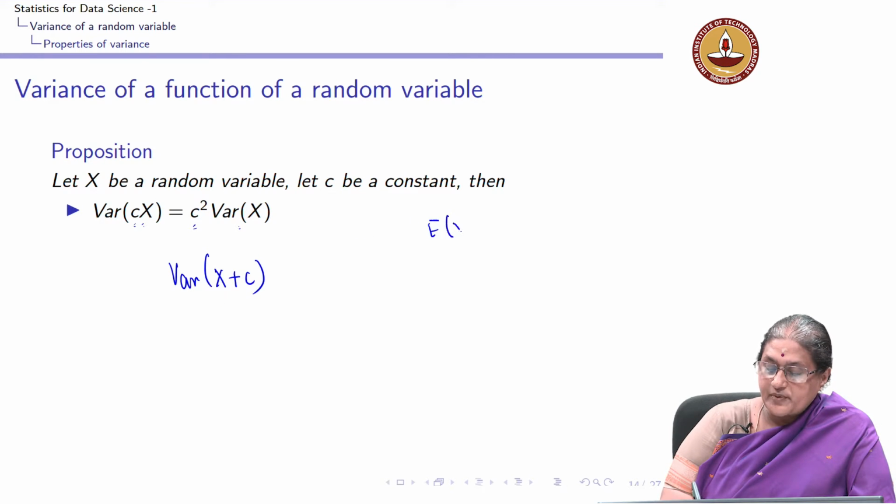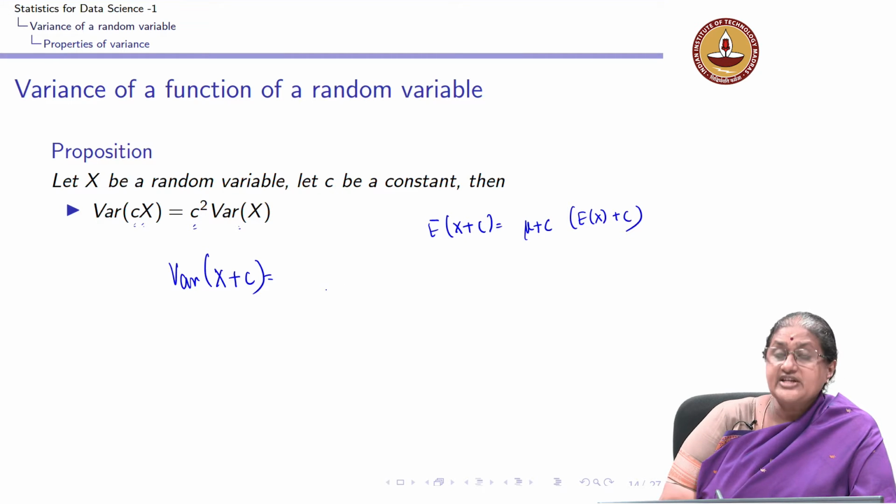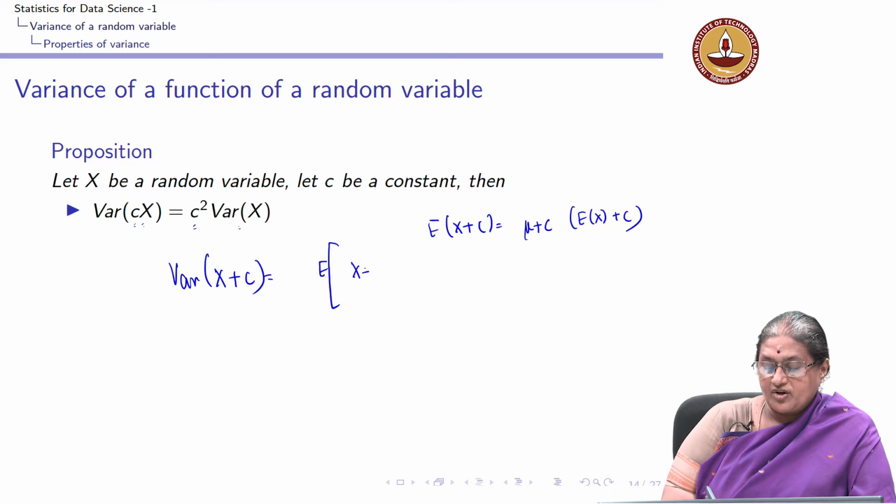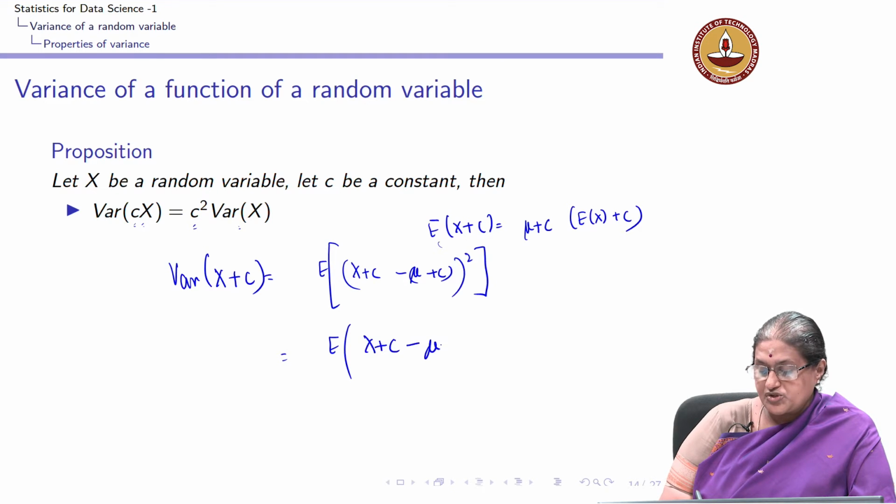Now what would happen to the variance if we add a constant to X? Again, recall the expectation of X plus c is mu plus c. So the variance of X plus c is the expectation of X plus c minus mu plus c, the whole square. This is the expectation of X plus c minus mu minus c, whole square.